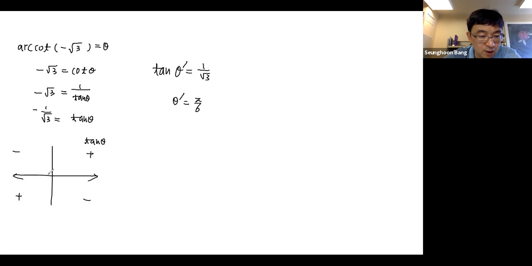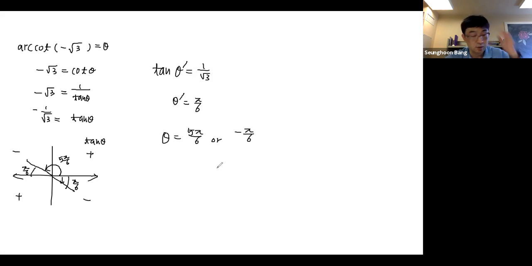We have pi over 6 here, and another pi over 6 here. The exact angle is 5 pi over 6. Or from here to here, negative pi over 6. So what is the answer?